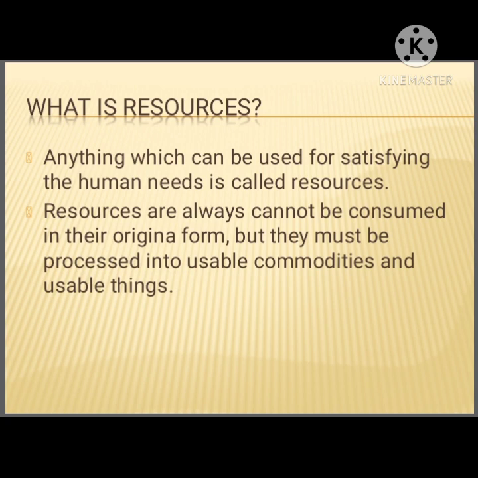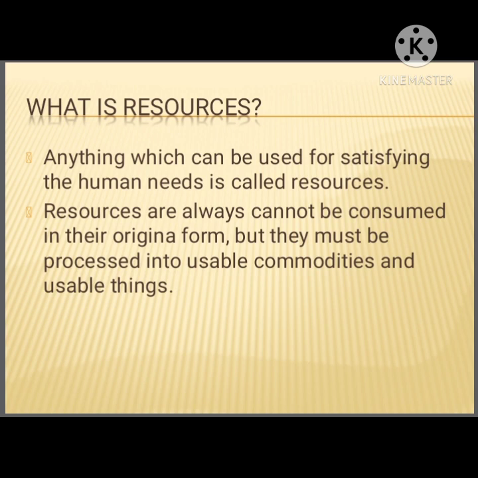Second point, resources cannot always be consumed in their original form, but they must be processed into usable commodities and usable things. That is, you cannot use the resources directly. You need to do some process for your usage purpose. For example, petroleum, diesel and all we are getting from the crude oil, isn't it?